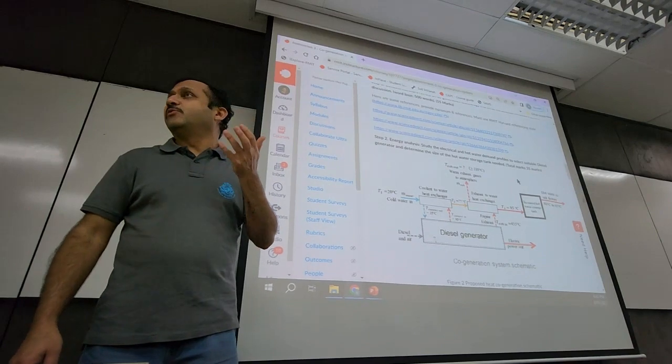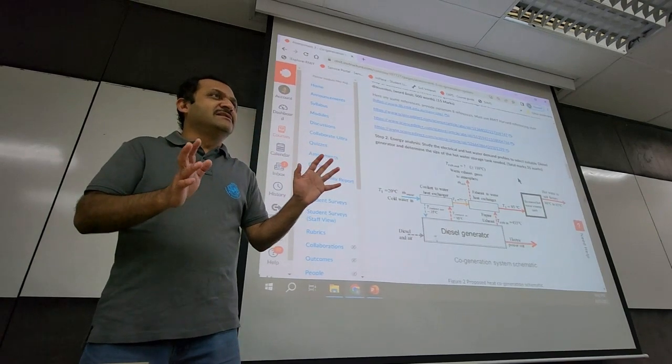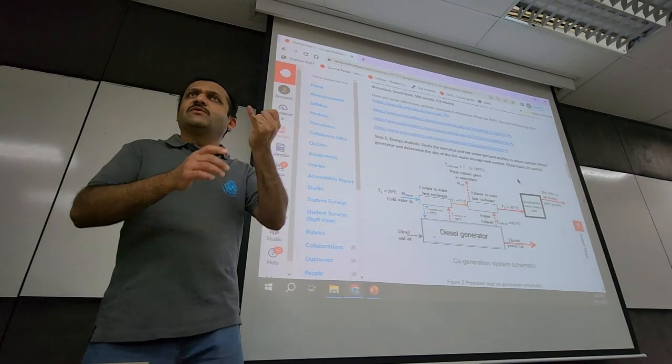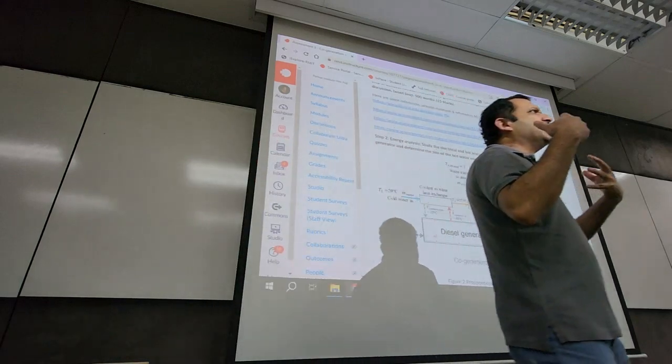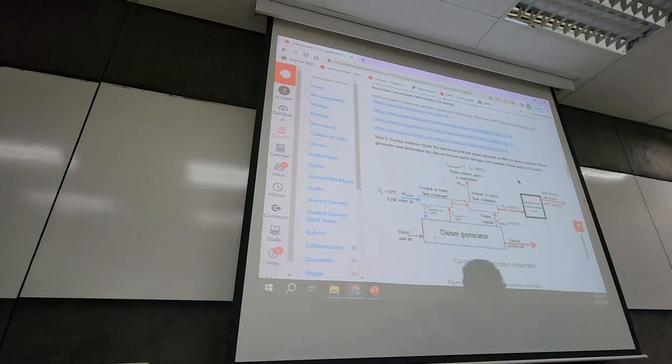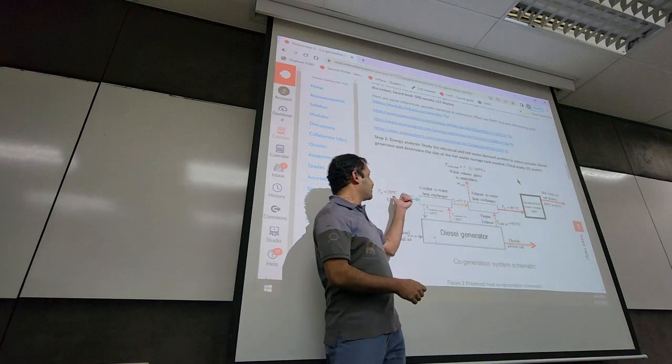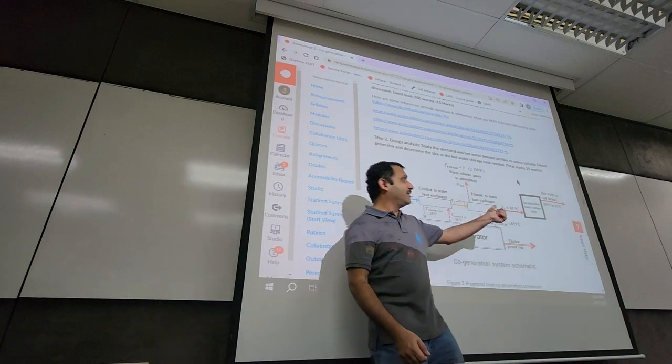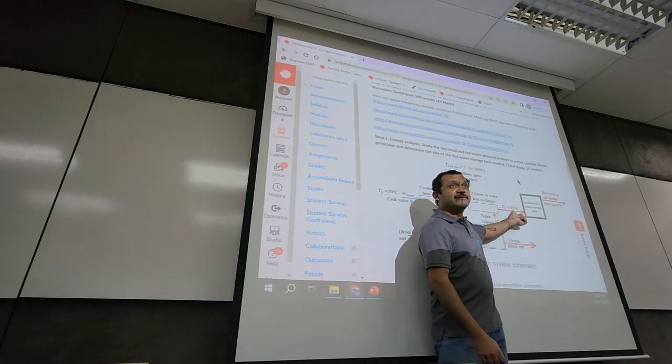What kind of equation are you going to use? These are simple energy balance, first law. So mass flow rate is given, and don't be scared of answering. Give a wrong answer if you don't know, but give an answer. I mean that will at least help you participate. So if you have got mass flow rate m dot, you have got change in temperature, original temperature 20, you want to heat to 85.